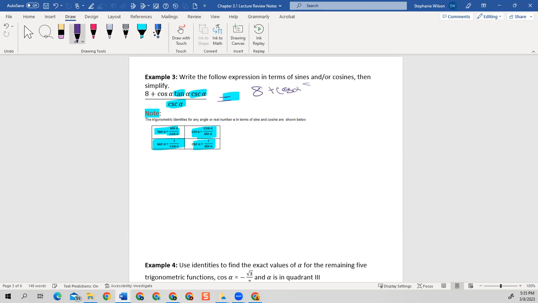Well, I know tangent is sine over cosine of alpha. And then the cosecant is the reciprocal, 1 over sine of alpha. And it's all divided by the denominator, which is cosecant again. It's the reciprocal of sine, so it's going to be 1 over sine. Okay, so all I did was rewrite it in sines and cosines.